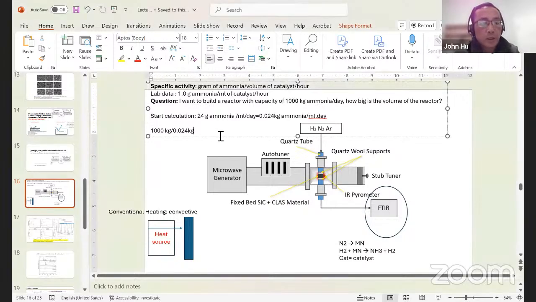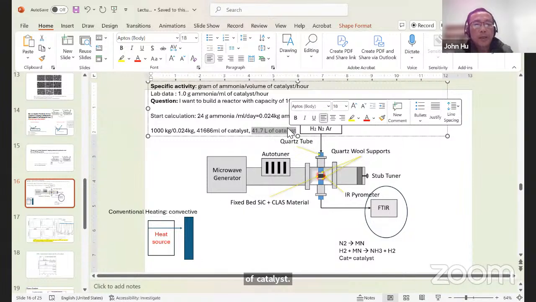The answer is you need 41,666 ml of catalyst, which is about 41.7 liters of catalyst. That's the answer. So you need to buy this much of the catalyst.